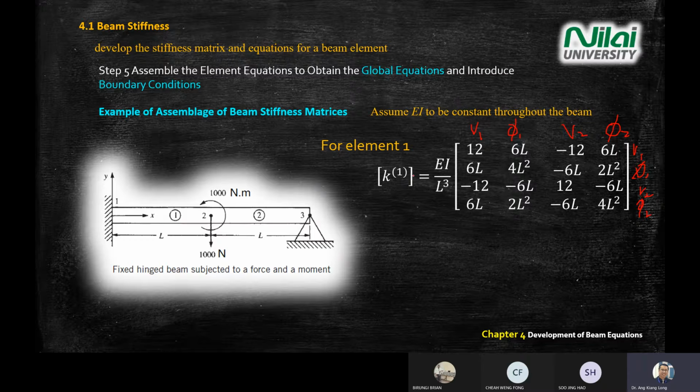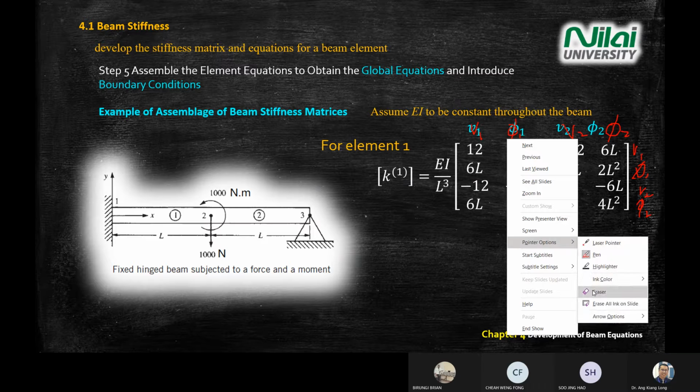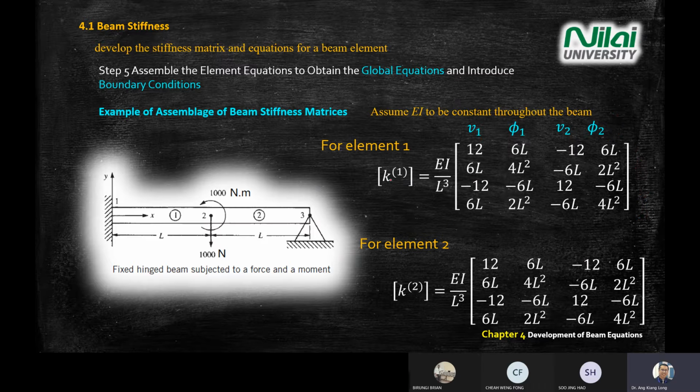Because after you write this one, you write the second element and do the same, only you change the notation. Superscript 1 means element 1, superscript 2 means element 2. You see the numbers here are always the same. The constant value is also the same, EI over L cubed.